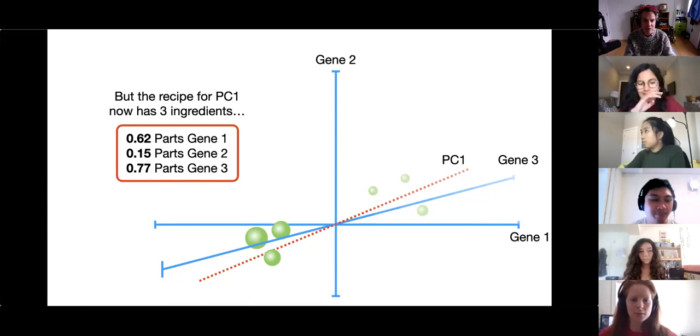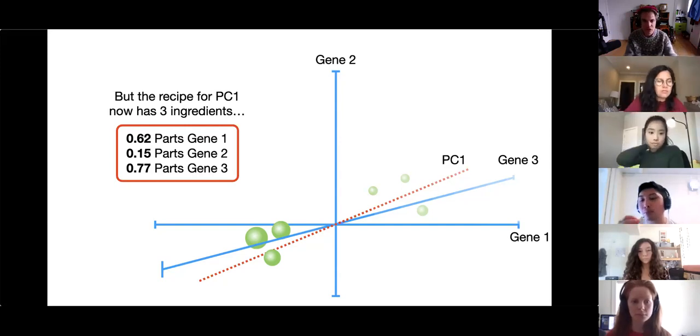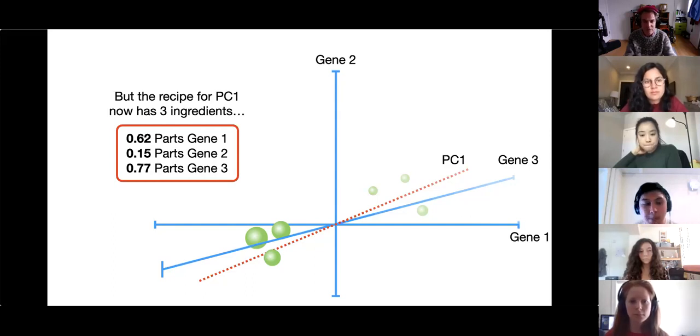But now the recipe for PC1 has 3 ingredients: one for gene 1, one for gene 2, and one for gene 3. So 0.62 parts gene 1, 0.15 parts gene 2, and 0.77 parts gene 3. What that tells us is that along PC1, the data is mostly spread out along this depth axis, the gene 3 axis.